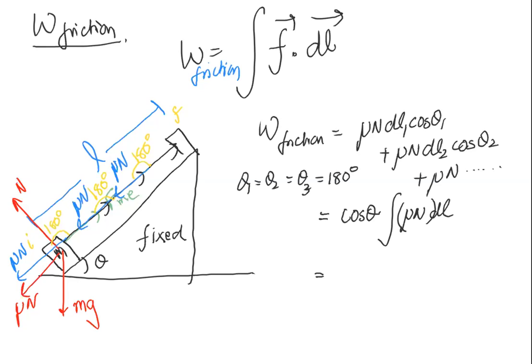I can take this out as well. So I'm left with mu n cosine theta integral of dl. And what was integral of dl, remember? Integral of dl was the path length. So this will be equal to mu n cosine of 180 degrees into length of the path.